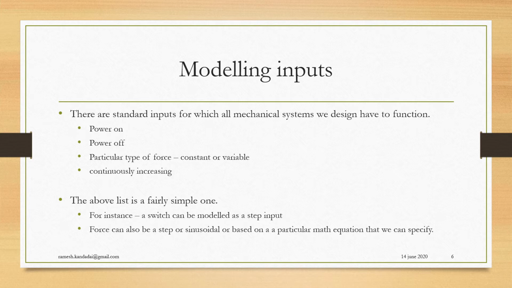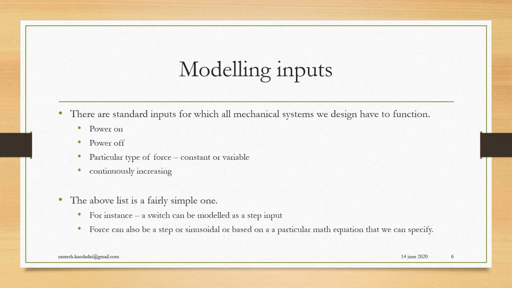So these are all what I would call digital input signals. That is, they are status representative and they simply tell you whether something is on or off. So it's very easy to model off as a 0 value and on as a 1 value. And so you have a unit step function which more than meets the demand.